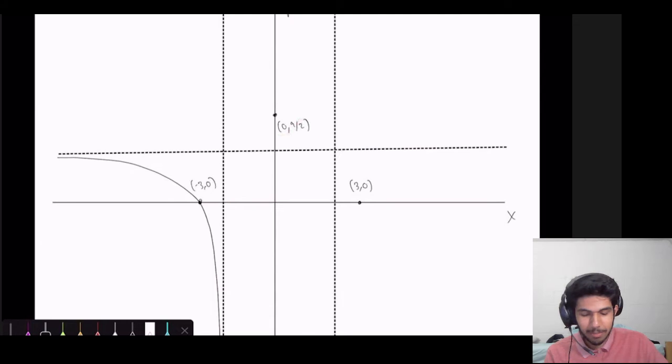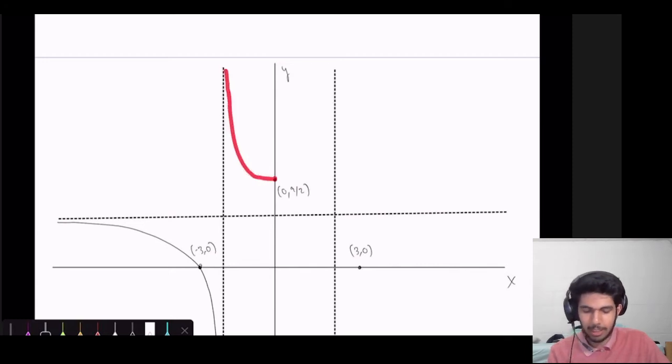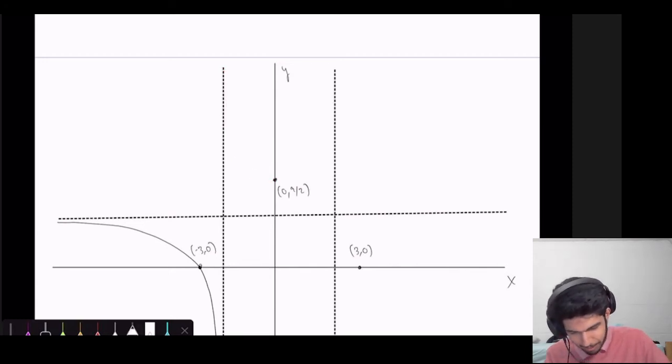Even if we were to somehow do that, we would intersect this line, which is an asymptote. So we have to start somewhere up here, and then as we get to 0, we intersect that point. So I'm going to try my best to draw it. Something along the lines of this.